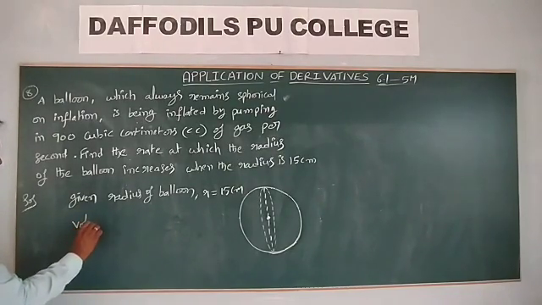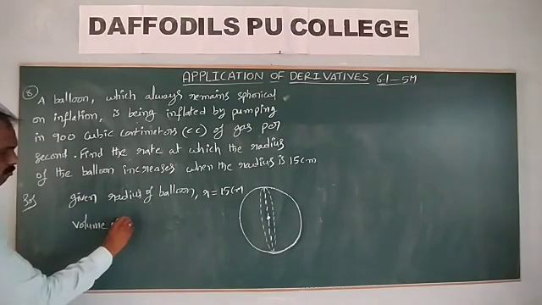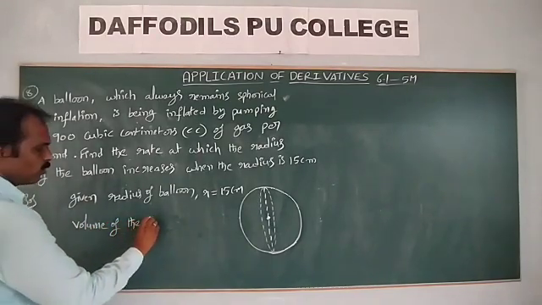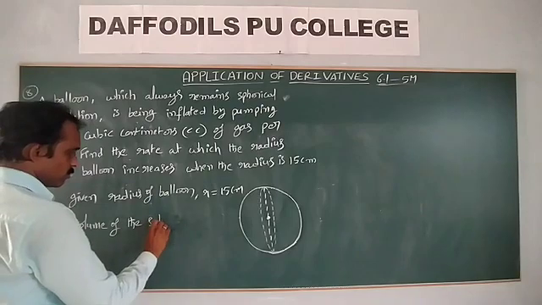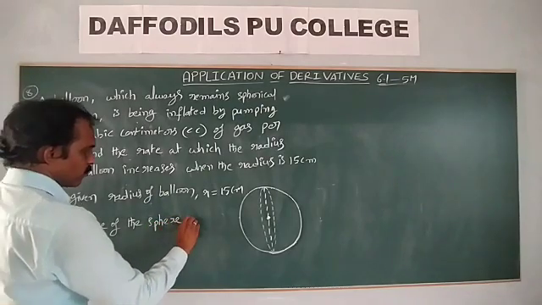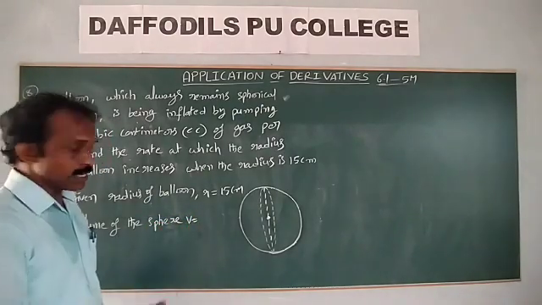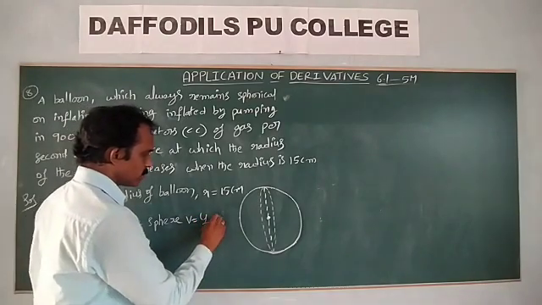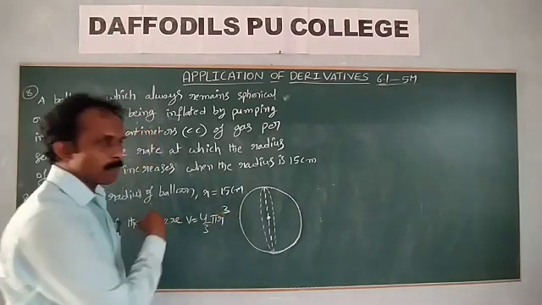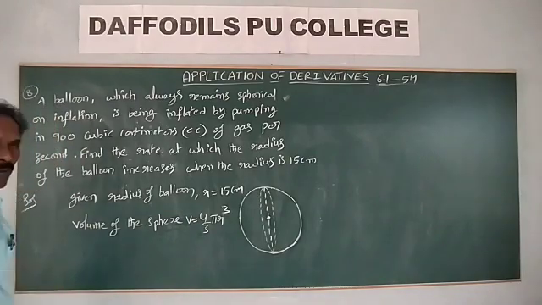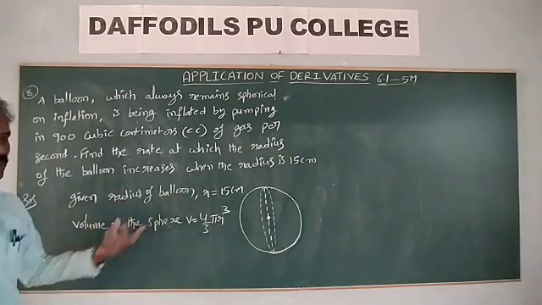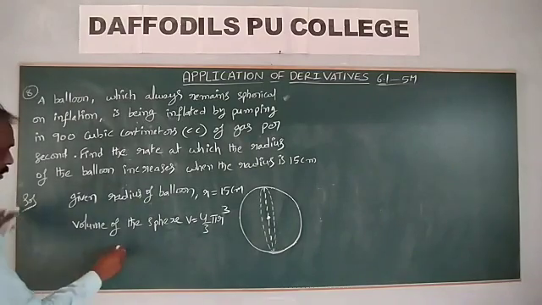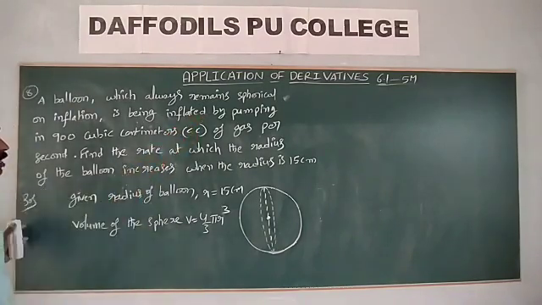What is the volume? Volume of the sphere V is equal to 4 by 3 pi r cube, because the balloon is in the shape of a sphere.